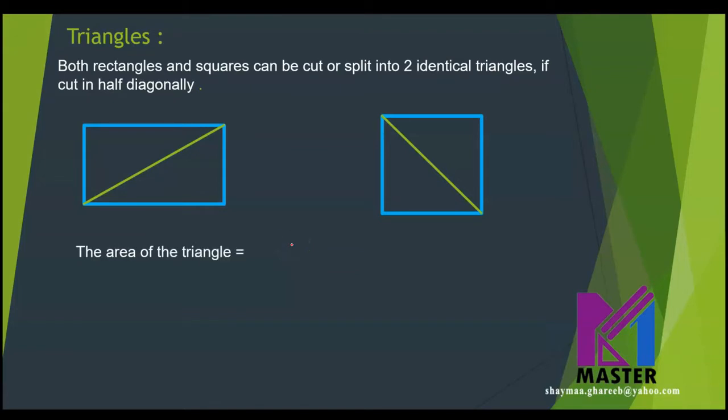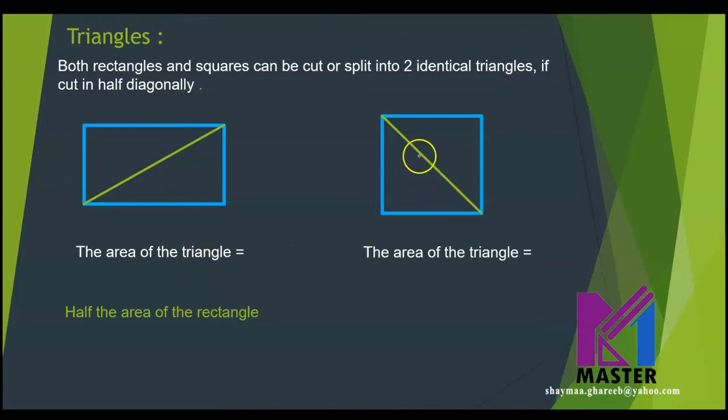So if I want to calculate the area of one of these triangles, what do you think? We said we cut it into two identical triangles, which means we can divide the area of this rectangle by 2 to get the area of the triangle, because the area of the triangle equals half of the area of this rectangle.